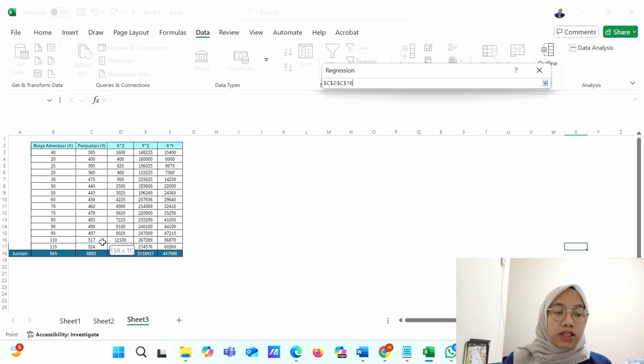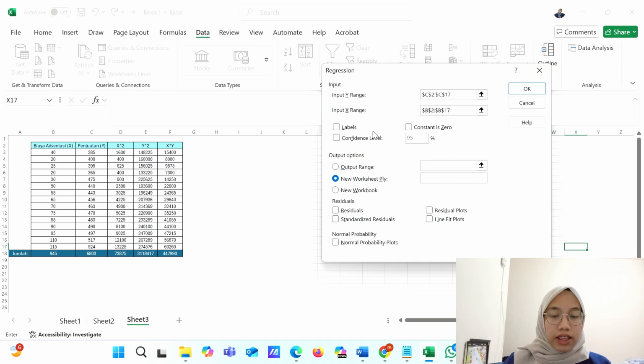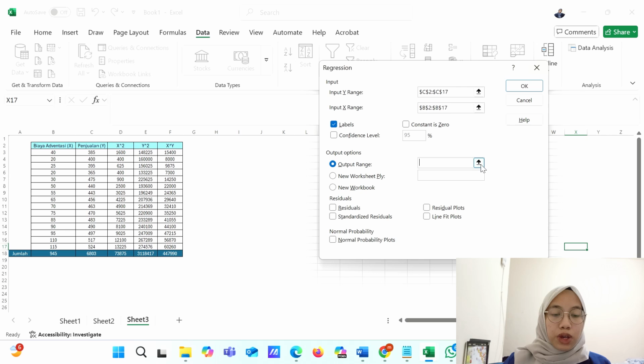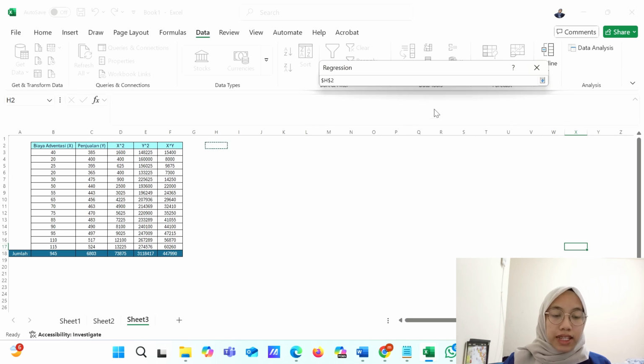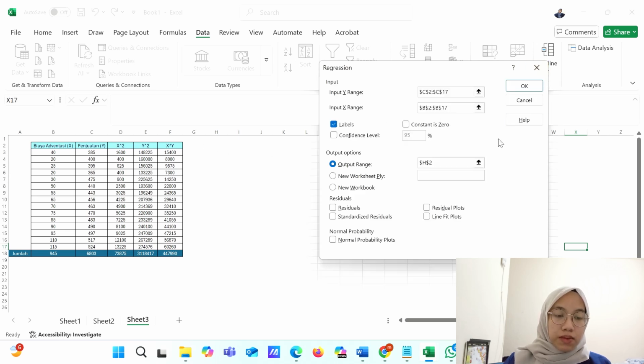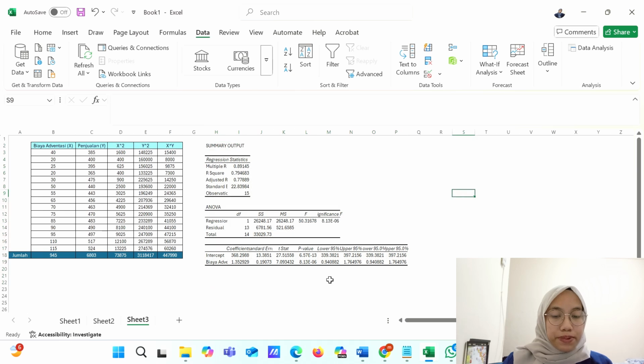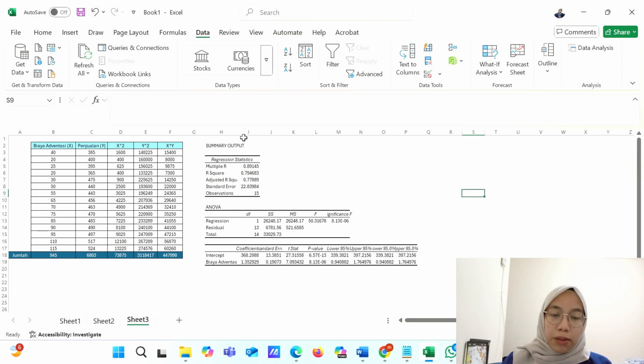Select regression, choose the Y and X value according to the data, activate the label, and select here where we want to place the table. Once done, we click OK. This is the regression statistic table.